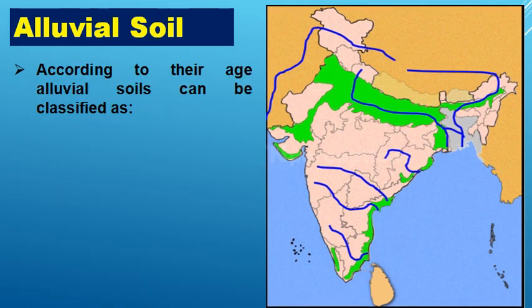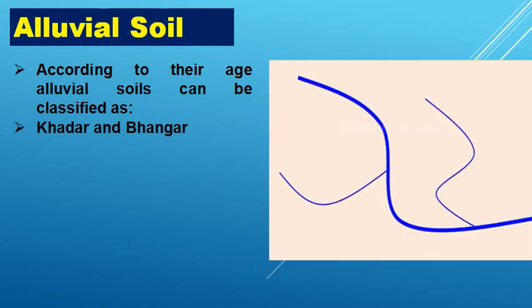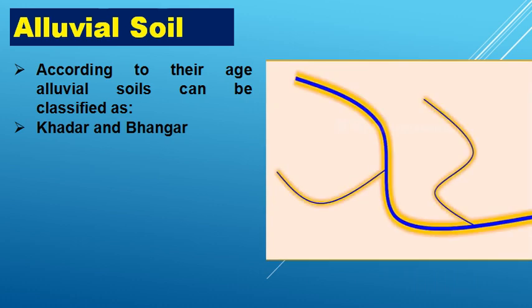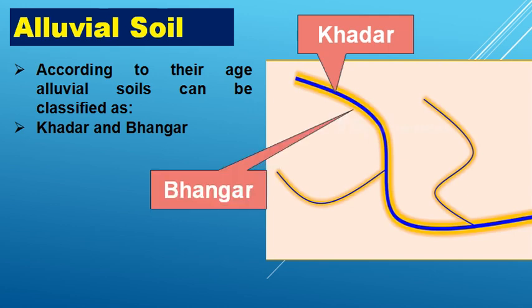According to the age, alluvial soil can be classified as one called Khadar and the other one is Bhangar. Now, whenever the river is flowing, it will deposit soil in the adjacent areas. So the regular deposition, the fresh soil, is referred to as Khadar, which is fertile soil.